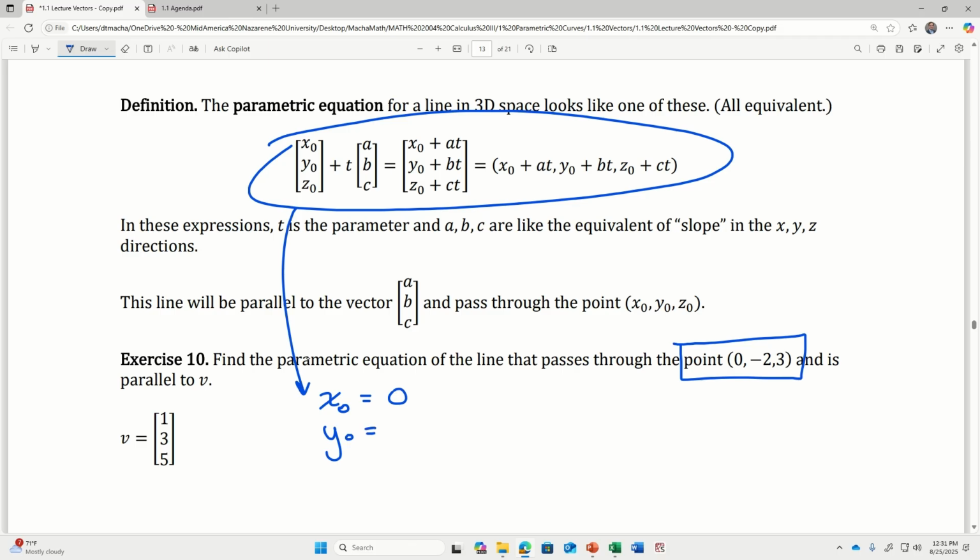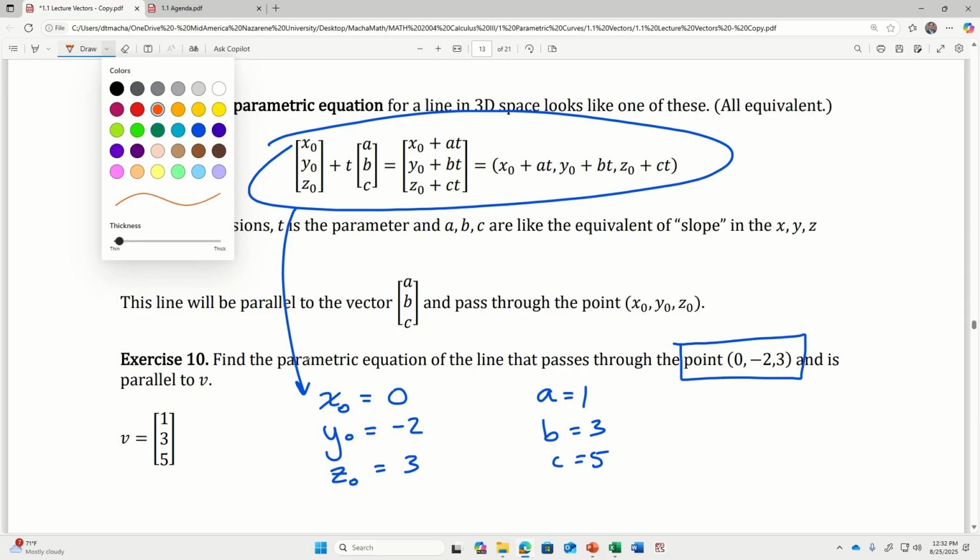And then the y0 is going to be the y coordinate of the same point. And then the z0 is going to be the z coordinate of the same point. And then the other thing exercise 10 tells me is that I want my line to be parallel to this vector v. And if I want it parallel to the vector (1, 3, 5), that means a is 1, b is 3, c is 5 in the parametric equation for that line.